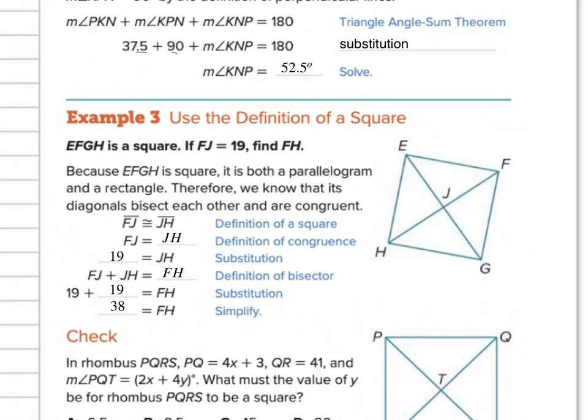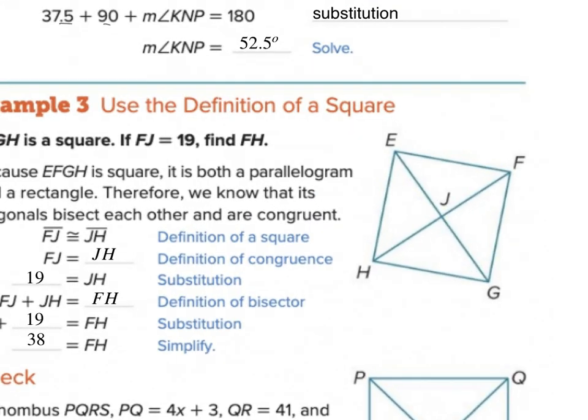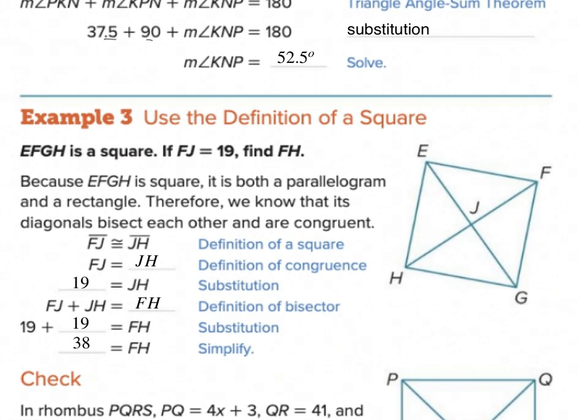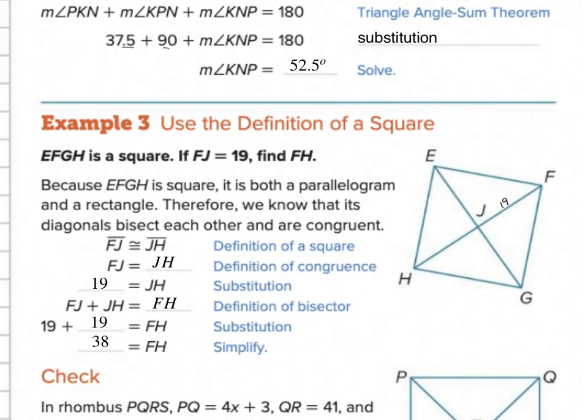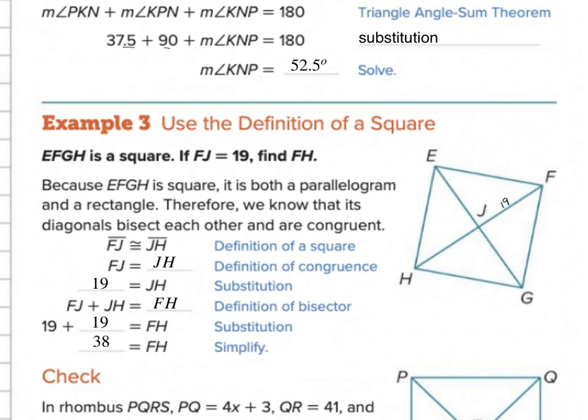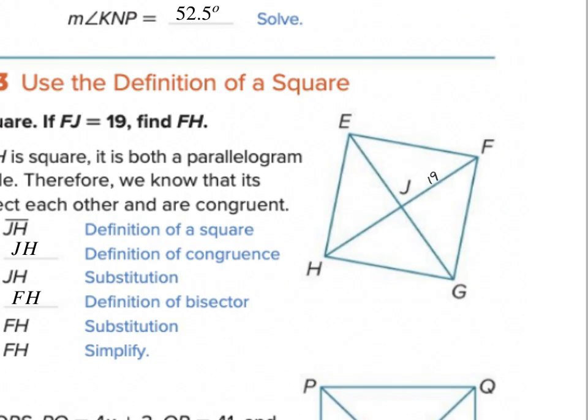All right, now with a square, we know that FJ is 19, okay? And we want to find FH, this entire length right here.